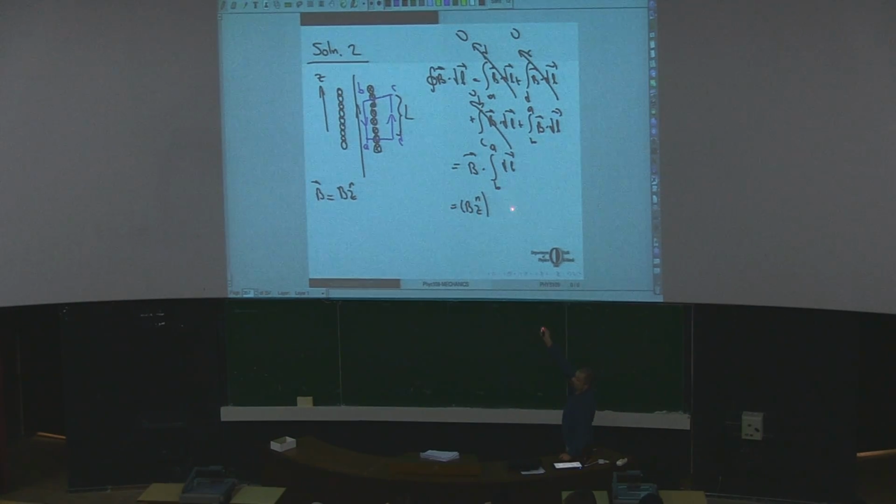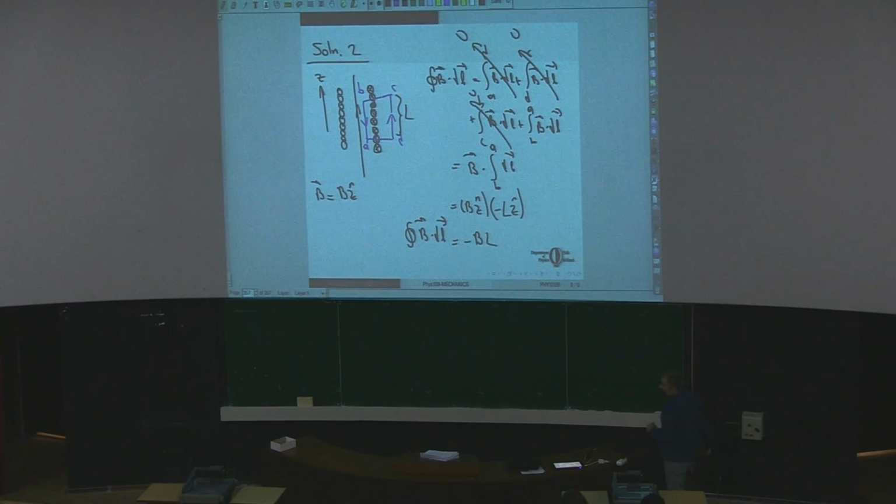This integral is nothing but a vector pointing from B to A with length L, and that vector is minus L z hat. So this is equal to minus BL. By just changing our orientation, this integral changes sign.